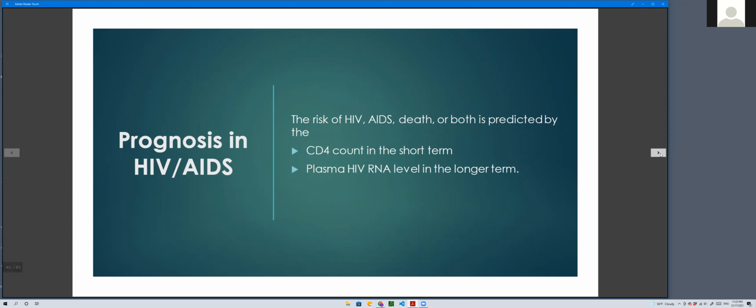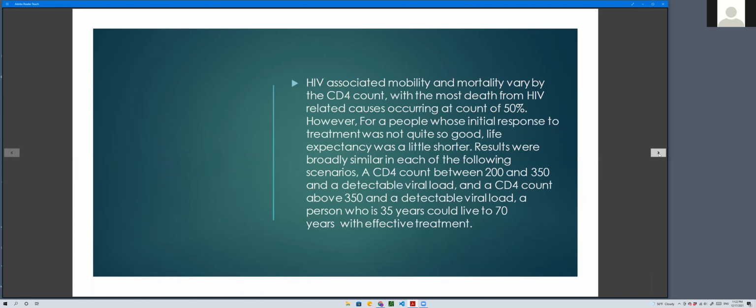Prognosis in HIV. The risk of HIV progressing to AIDS, death, or both is predicted by the CD4 count in the short term and plasma HIV-RNA level in the long term. HIV-associated mortality and morbidity vary by CD4 count.